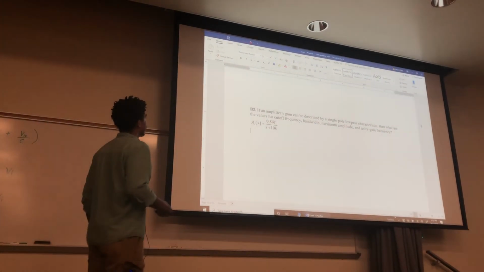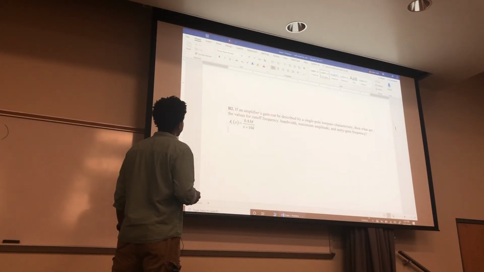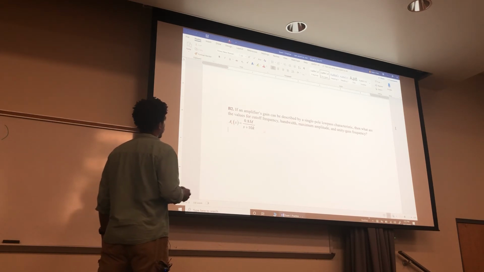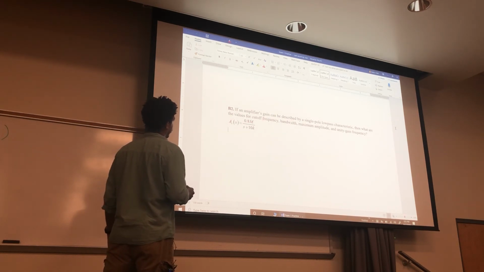So if an amplifier's gain can be described by a single pole low pass characteristic, then what are the values for the cutoff frequency, bandwidth, maximum amplitude, and unity gain? So here's this single pole low pass characteristic right here, and we're trying to find out all these things.